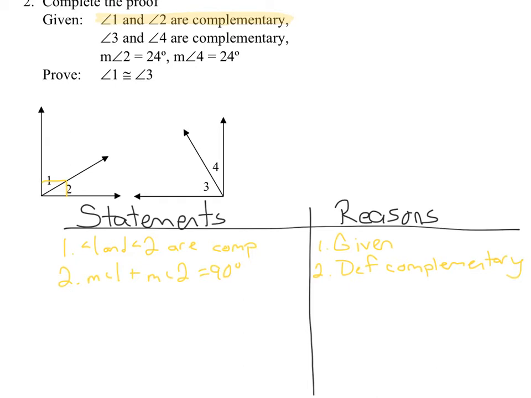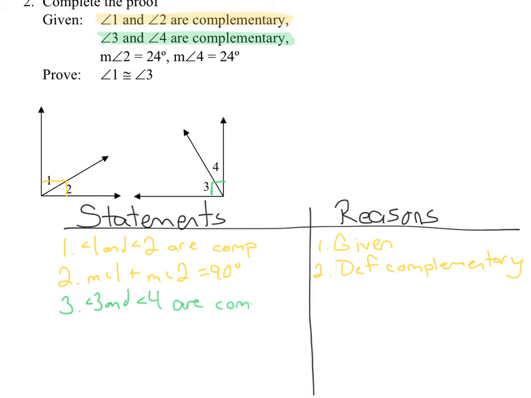The second part of my given says that angle 3 and angle 4 are complementary. Again, we have to know what complementary means. That means it adds up to 90. So I'm going to put a box in that part of the diagram. Again, the given gets copied exactly like it's given to you. Sorry, this isn't angle 1, this is angle 3 and angle 4 are complementary.